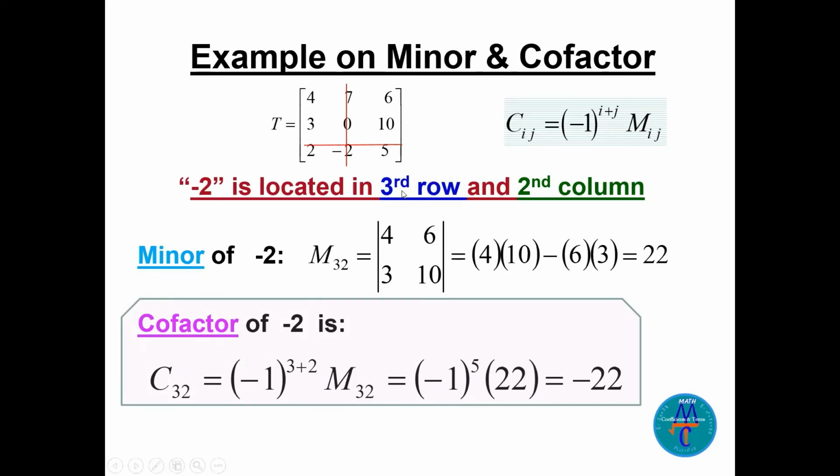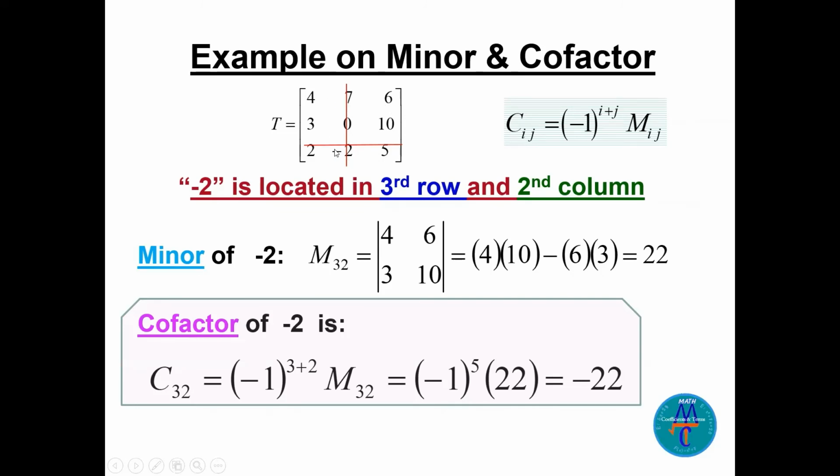Let's look at this example to understand more about minor and cofactor. If we have matrix capital T, 3 by 3: 4, 7, 6; 3, 0, 10; 2, -2, 5. You see this number here, -2, is located in the third row and second column, correct? If I need the minor of -2, see in matrix T, we have 9 entries or 9 elements.